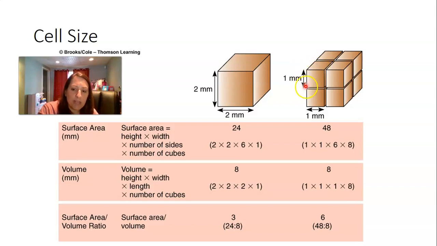This plasma membrane here only has to service that space of cytoplasm, where this cell has a lot more cytoplasm to service. Again, this is all based on surface area to volume ratio. The higher that number is, the more efficient that cell will be. Okay, so staying smaller in size definitely has an advantage.